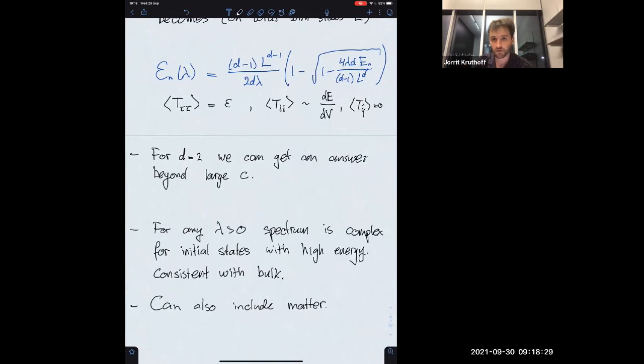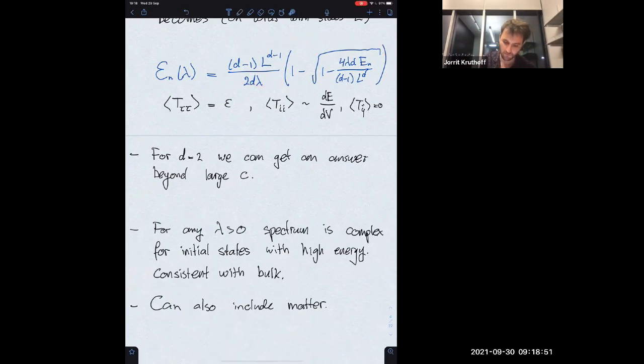Now, the other thing that happens in the relation with holography is that the spectrum complexifies. So the high energy spectrum, if I take some high energy state, then there's a certain lambda for which this complexifies.